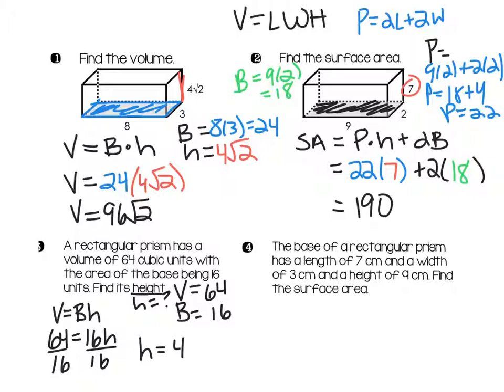Number 4, the base of a rectangular prism has a length of 7 centimeters, so length is 7, width of 3, and a height of 9. Find the surface area. So for surface area, I need a different formula.